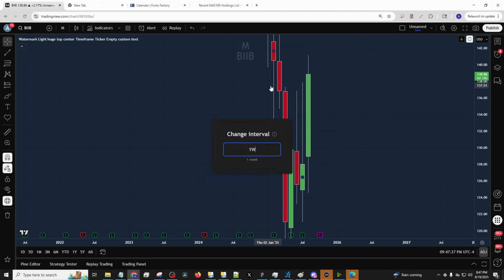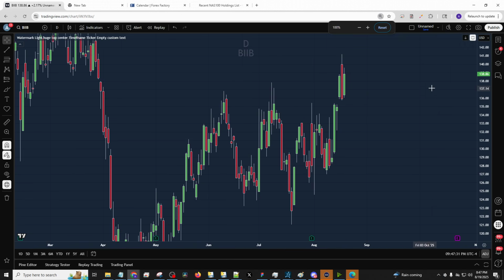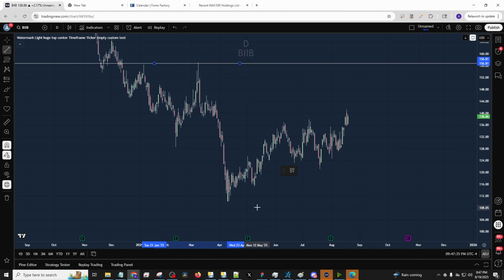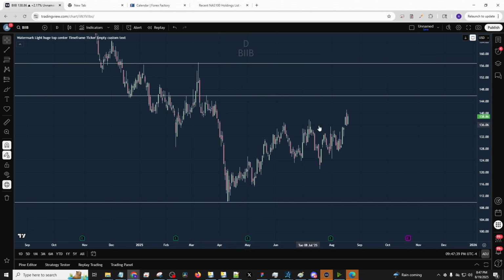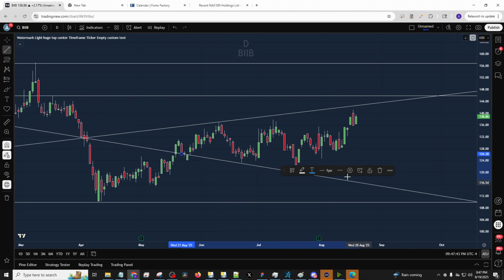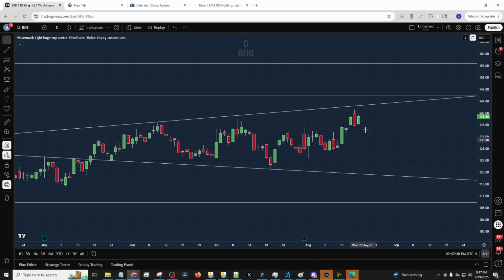BIIB. It is 3-2 month. Only thing I'd want to be aware of is, you can look at this, right? Completely stuck into all this stuff. The big levels of reclaim. Who's to say they can't come back through here? I'm not sure. Let's see. We'll have to see. They're closer to reversal back up.